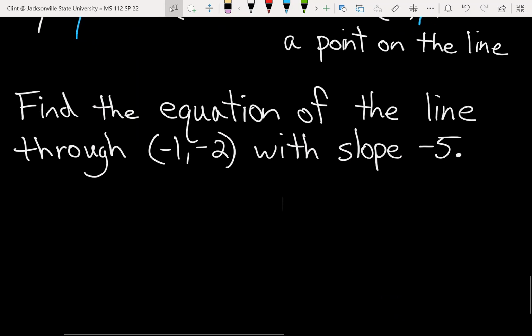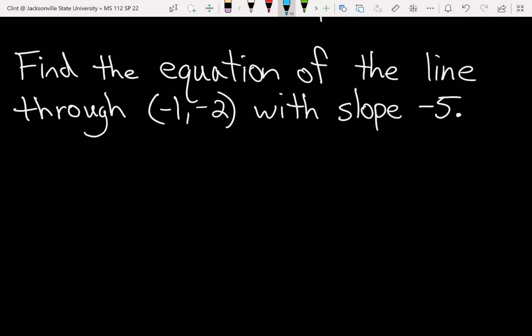It still can be helpful for you to label the things that we're plugging in. In our point-slope form, x1, y1 will be the x coordinate and the y coordinate of our point. The slope is going to be m.